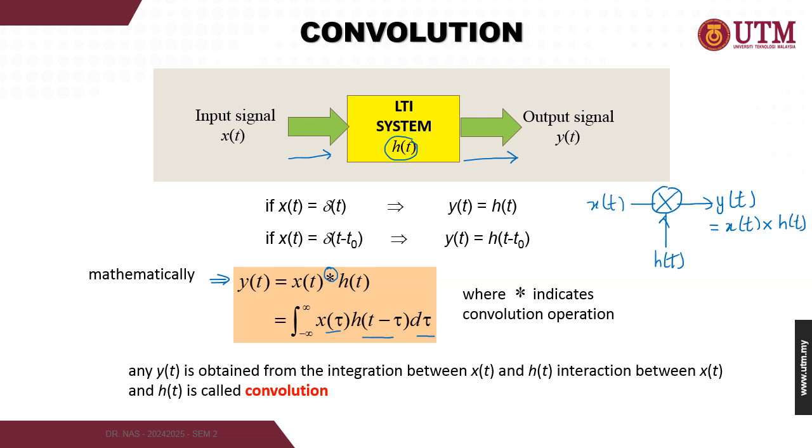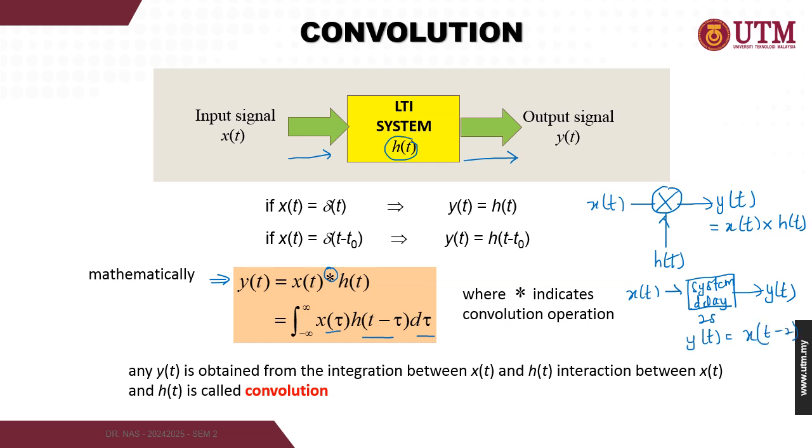If you have another system, x(t) going into a system, but the input is delayed by 2 seconds, and you have the output y(t), then in this case y(t) is equal to x(t minus 2).